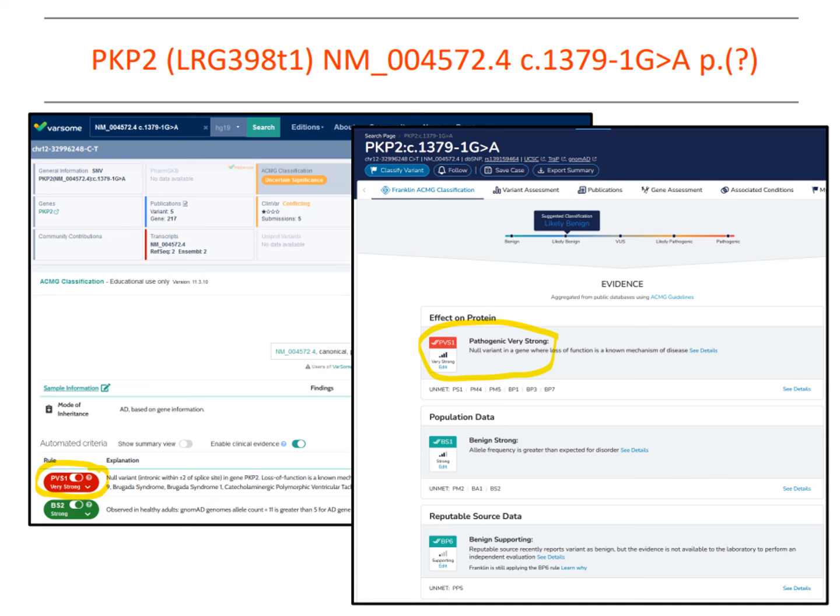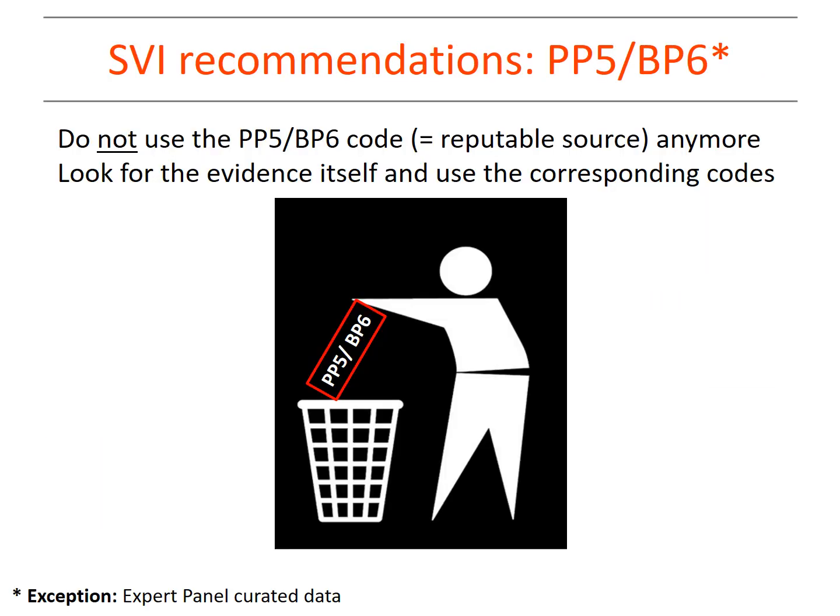So be careful with these classification tools. Always try to verify the evidence. As I said many times now, the SVI recommended not to use BP5 as a reputable source, BP5 and BP4 anymore. So don't use it. Reputable source does not exist anymore. Just throw it away. Look for the evidence.